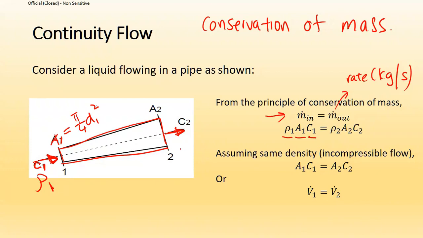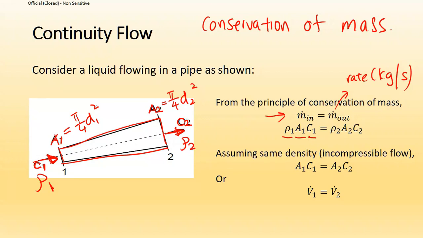Coming out, same thing, we have rho 2, fluid velocity C2, and of course your A2. A2 can be calculated by pi over 4 d2 squared. That is the cross-sectional area of a circle.